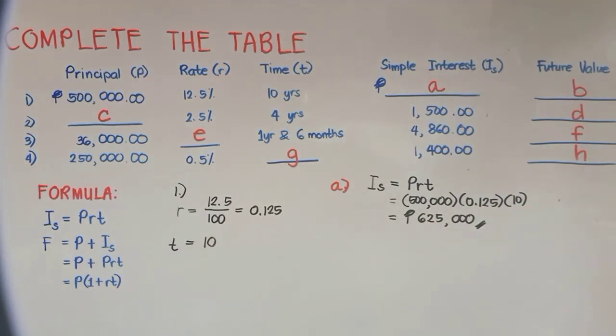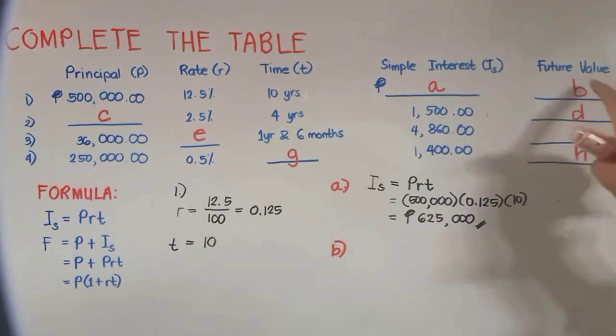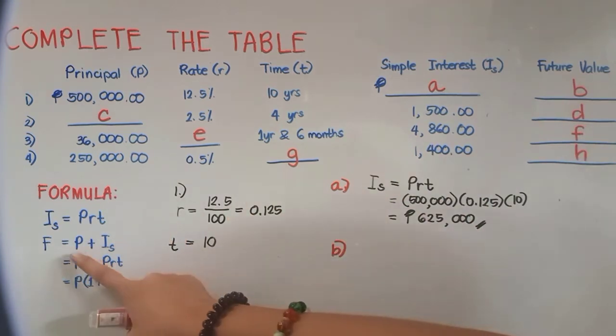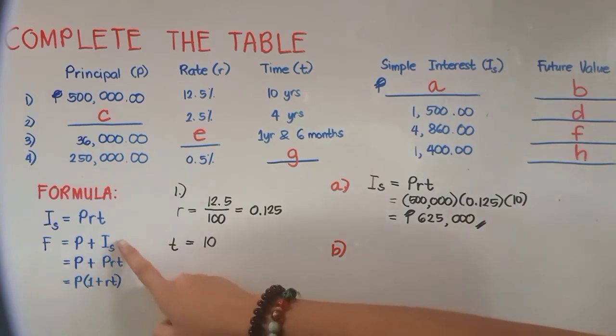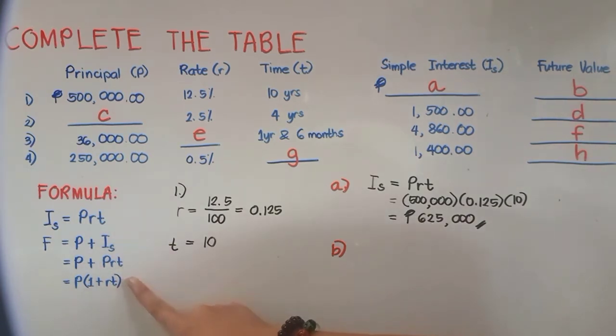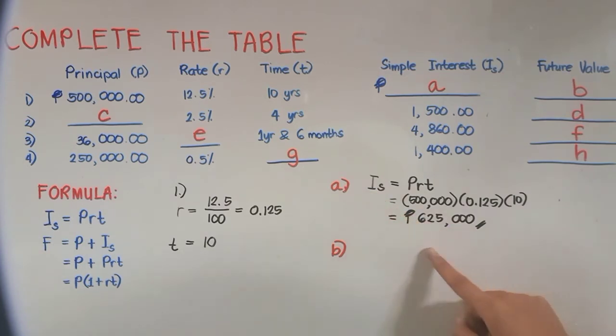Since we already have our simple interest, it would be easier for us to get our future value. F is in the formula principal plus simple interest. We will be using this first formula since we already have our principal and we just got the value of our simple interest. So let's start.